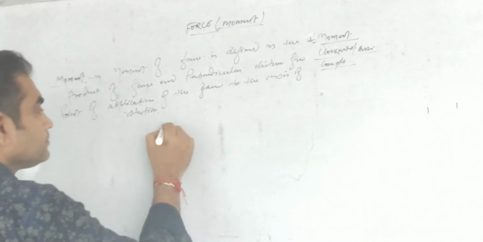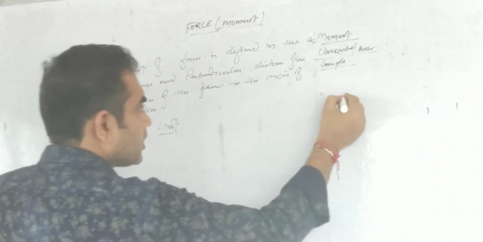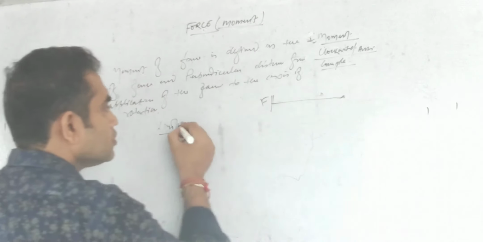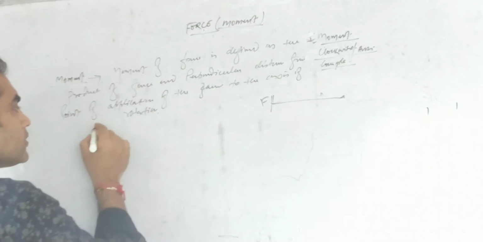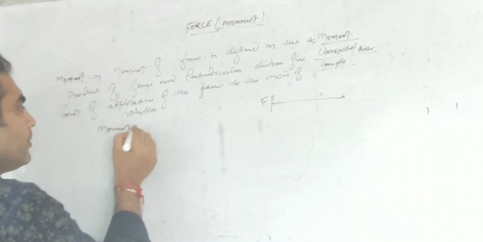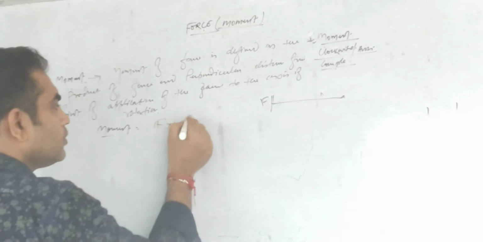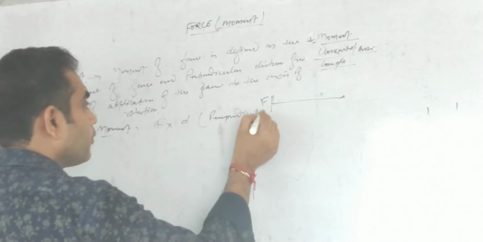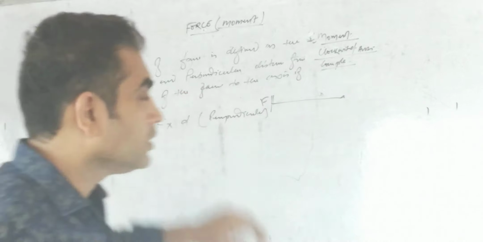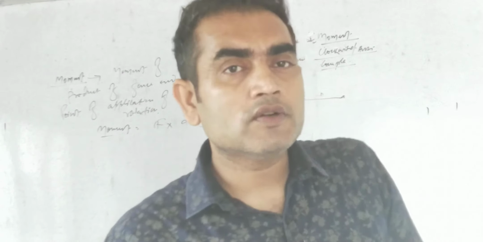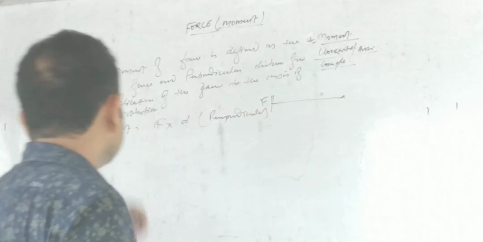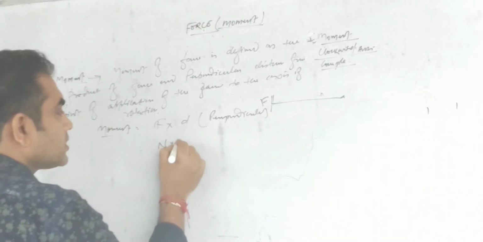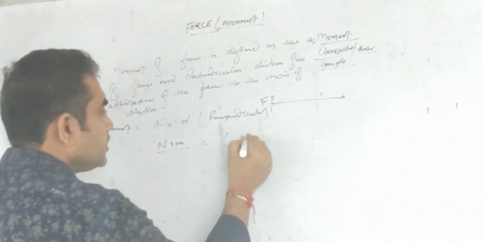Now the unit. Mathematically, moment equals force into distance, and the distance should be perpendicular, and perpendicular from where? Perpendicular from the point of application of force to the axis of rotation. Now the unit of force is the Newton, and the unit of distance is the meter. So the unit is Newton meter.